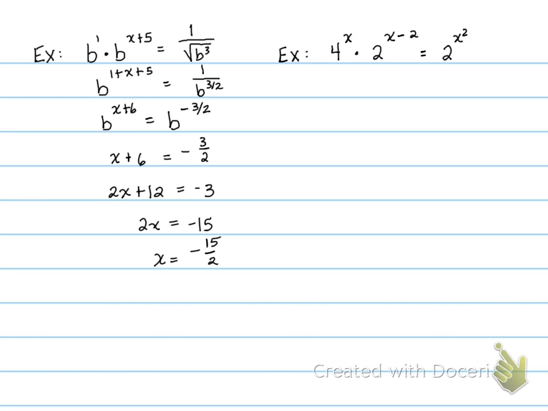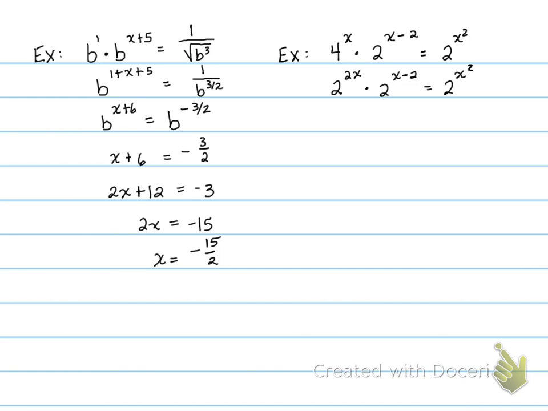So 4 is 2 squared. So I can write this as 2 to the 2x. You can do that in 2 steps if you want. You can write the 4 as 2 squared and then multiply the exponents. But I'm happy for you to just go straight to 2x if you're comfortable with it. And then times 2 to the x minus 2 equals 2 to the x squared.